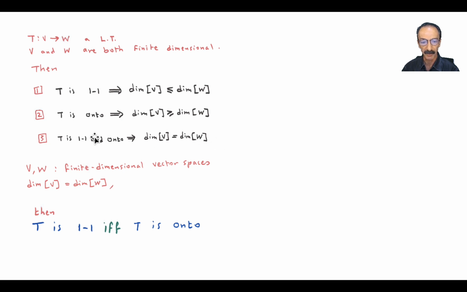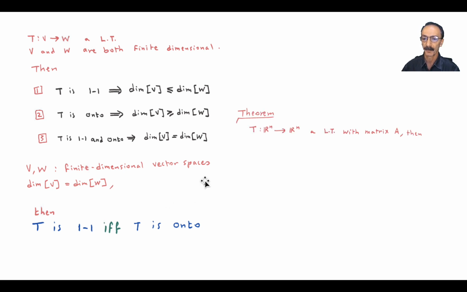So when you go backwards, if you have dimension of V equals dimension of W, and you prove in your steps that it's 1 to 1, you're done. It's going to be onto. Or, given this, and you prove that it's onto, done.